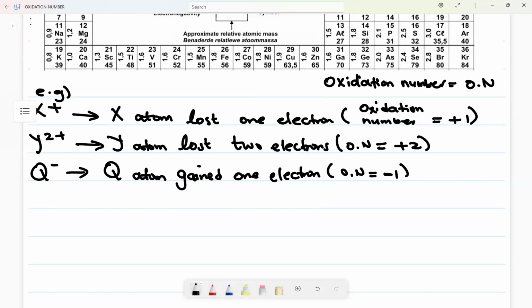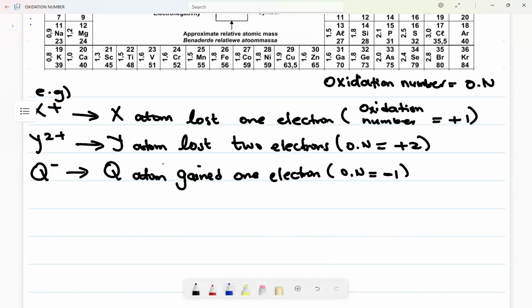Minus 1. Guys, when you write down the oxidation number, it's very, very important to write the sign and then the number. When you are asked what is the oxidation number of Y2+, you won't say it is just 2 because it's positive. We need that plus.